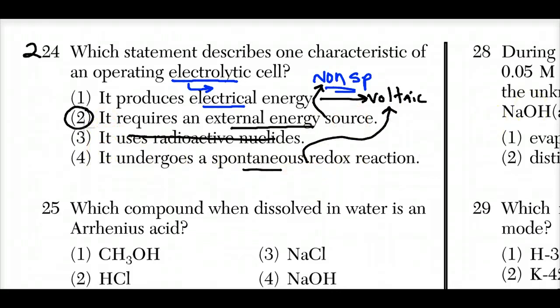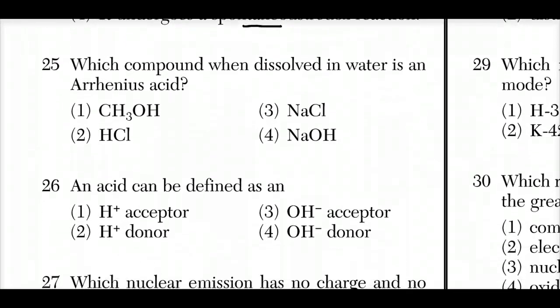Number 25. Which compound, when dissolved in water, is an Arrhenius acid? Now, this person has the most simplified version of all the acid-base definitions. So if you forget his name, it's easy to remember because what makes an acid an acid? Well, protons. And the only thing positive in solution, the simplest definition we can have, is H pluses in solution.